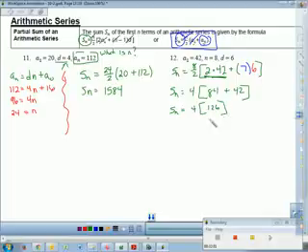Times 4, help me out. 504. Good deal? Is that what they wanted us to find?